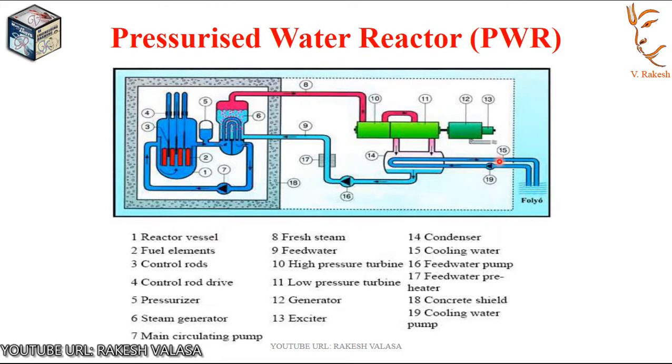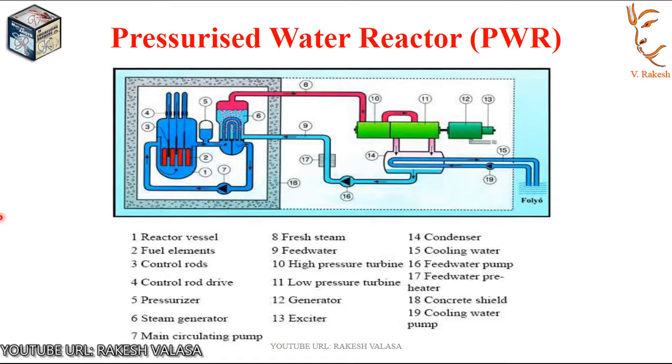This 15 is the cooling water. This 16 is the feed water pump, where 17 is feed water preheater. 18 is the concrete shield. This 19 is the cooling water pump.